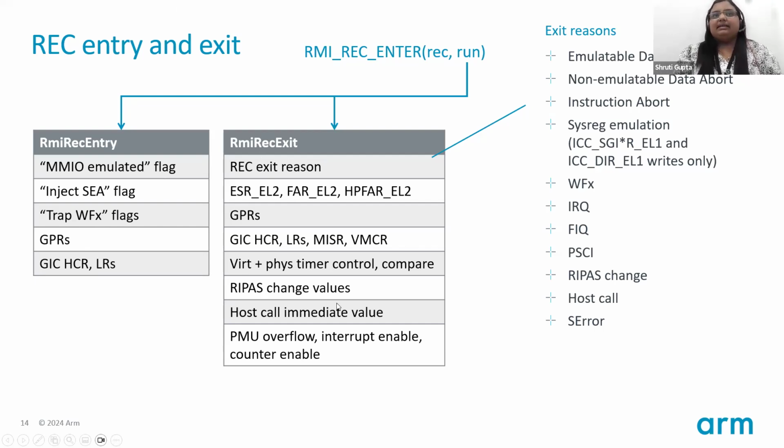And when the rec exits, based on the exit reason, it populates different fields in the rec exit object. Exit can be due to IRQ or FIQ, due to PSCI. These are all the exit conditions mentioned in the spec. So TF-TF tries to validate all these scenarios, and we have multiple test cases which execute all this and validate entry and exit parameters.